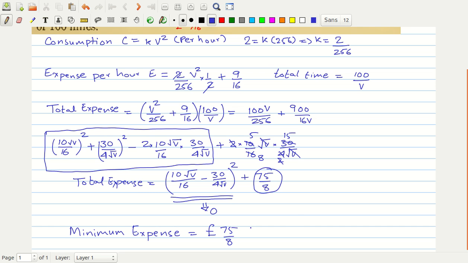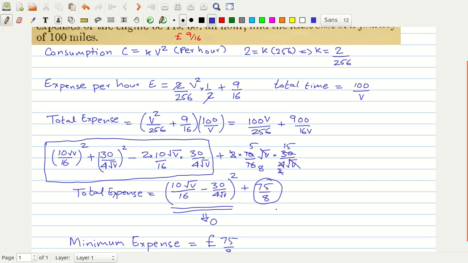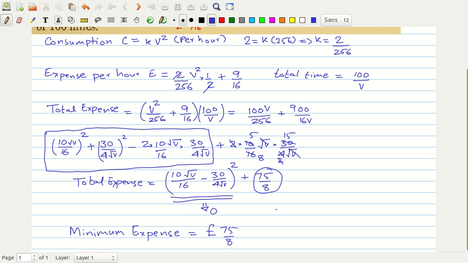So I will leave the answer here, but if you want to convert it back to the pound, shilling and pence system, 75 divided by 8 is 9 pounds with remainder 3 by 8.